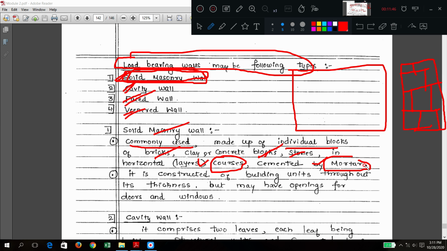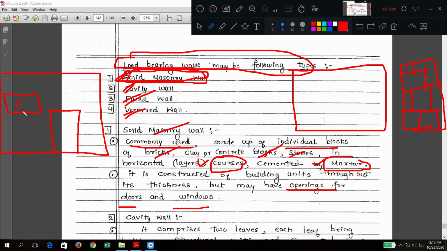Sometimes to have access we provide what? Doors and windows. It is not at all possible that throughout the building the walls can be solid. Somehow in load bearing walls also we should provide doors and windows. Why?